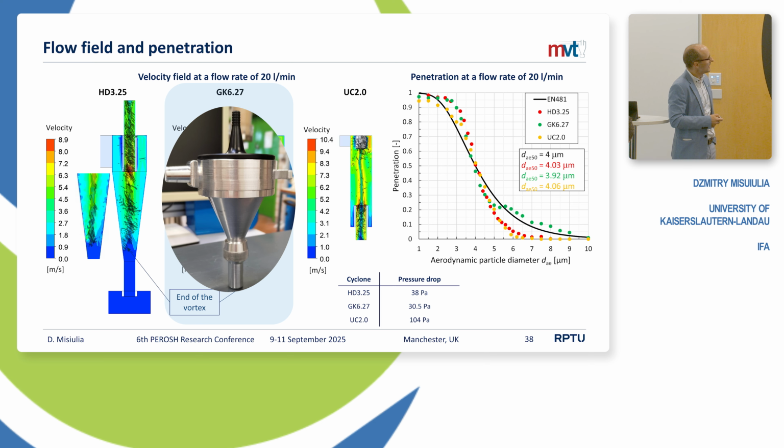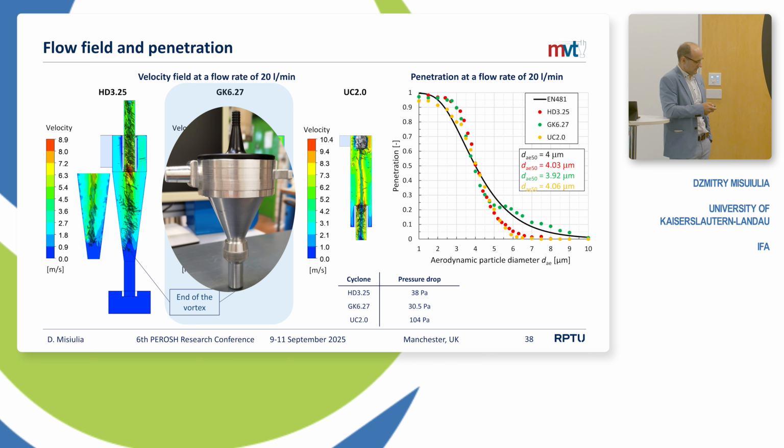The GK design follows the respirable convention better, so this cyclone was selected as the most preferable. It was manufactured in a metal version at the IFA Institute and tested.